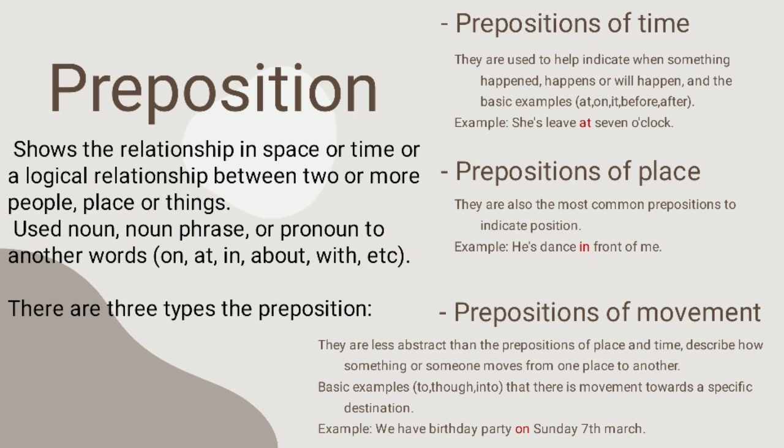They are less abstract than the prepositions of place and time. They describe how something or someone moves from one place to another. The basic examples are like to, into, that there is movement towards a specific destination.